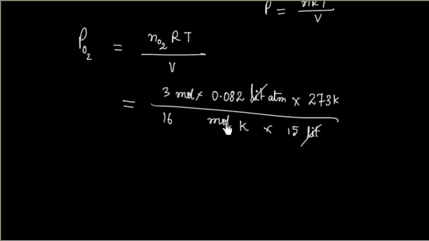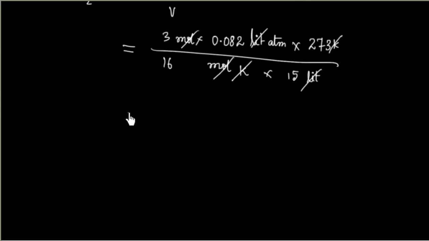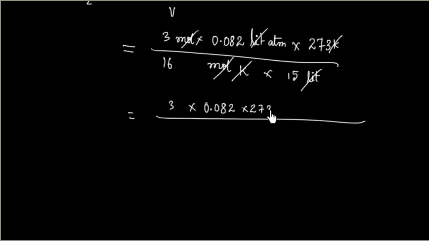So liter goes, mole goes, Kelvin also cancels, so we will have 3 into 0.082 into 273 divided by 16 into 15, and the unit will be atmospheric pressure.